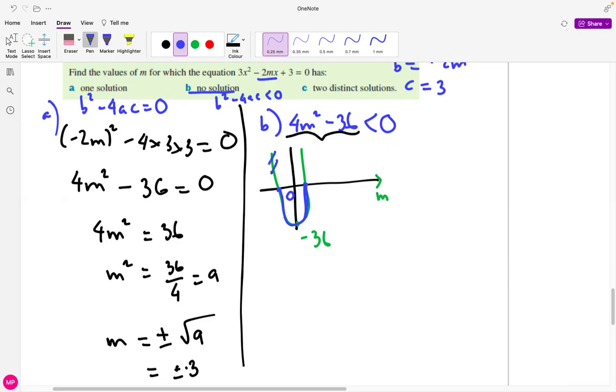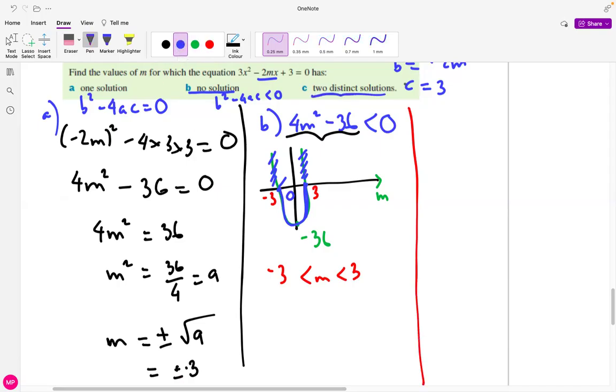I don't want this, and I don't want this either. So this means your solutions will be from there to there. And we did find that from here and here are actually the n-intercepts, which are negative 3 and 3. So the solution that we have will be negative 3 less than n less than 3.